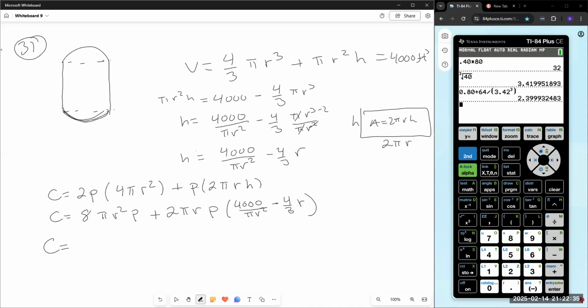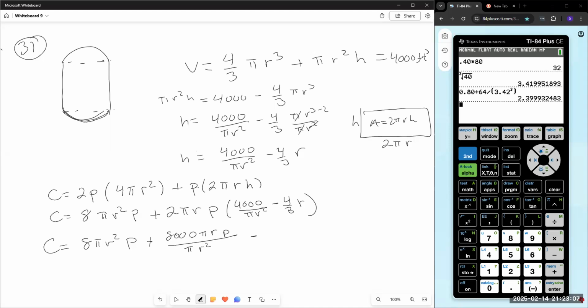Actually, let's distribute first before I do that. Sorry, I want to get rid of that denominator. So let's distribute the pi r in here. That's going to give me 8,000 pi r p over pi r squared.